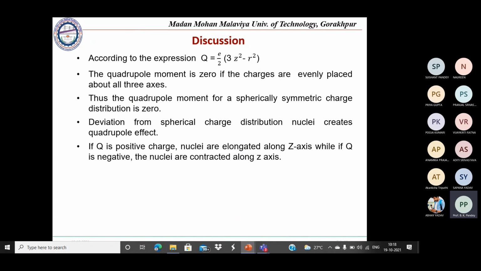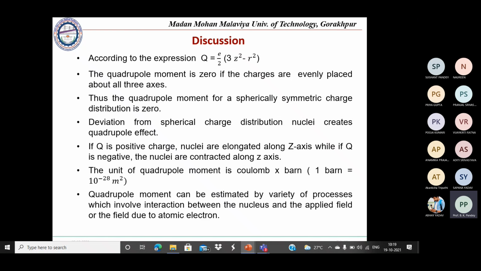If Q is positive, the nucleus is elongated along the z-axis, while if Q is negative, the nucleus is contracted along the z-axis. The unit of quadrupole moment is coulomb multiplied by barn. 1 barn is equal to 10⁻²⁸ meter square.